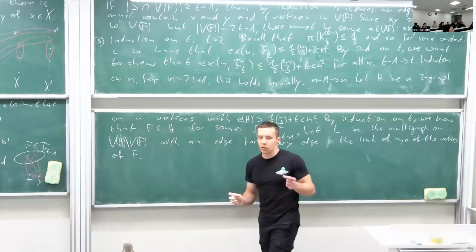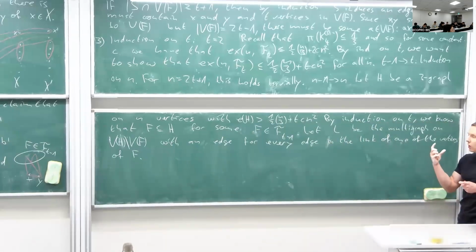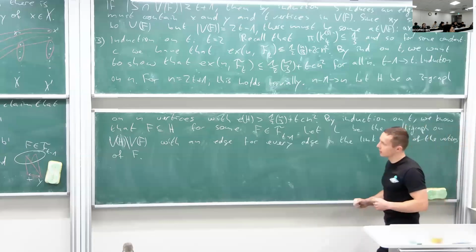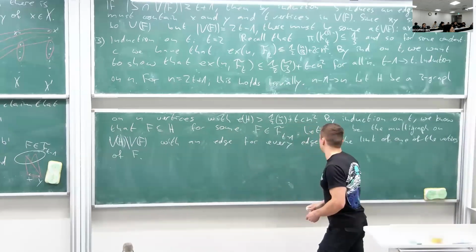Okay, so now if any pair would have multiplicity t, then that pair together with a copy of F would give a copy of one member of our family F_t, right?